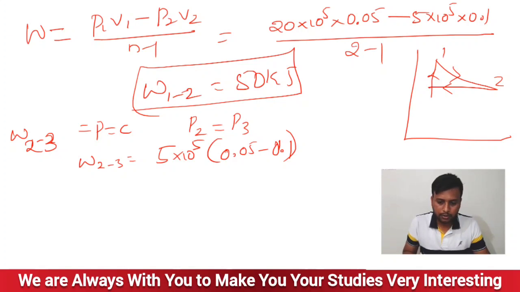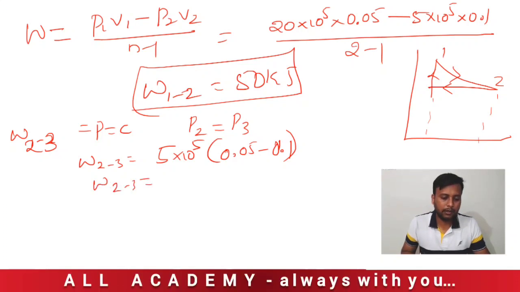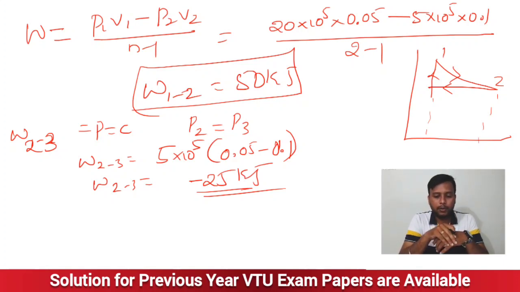Because it is given in a reverse direction, this is V2 and this is V1. If I calculate it, the work done for 2 to 3 will be around minus 25 kilojoules.